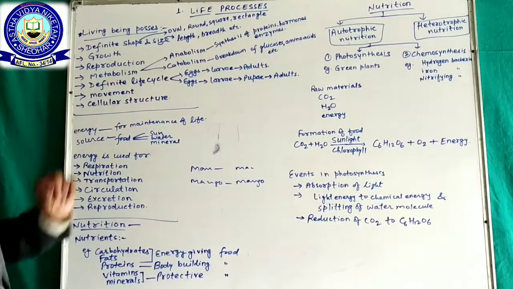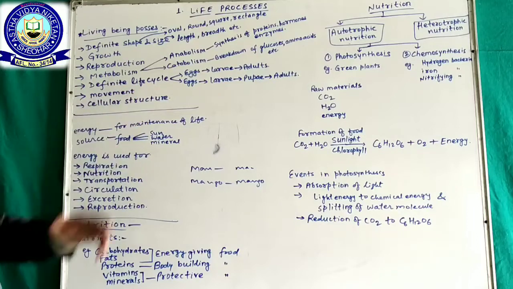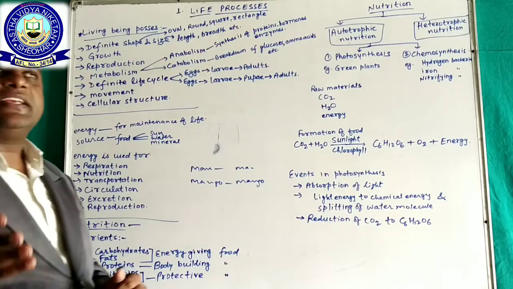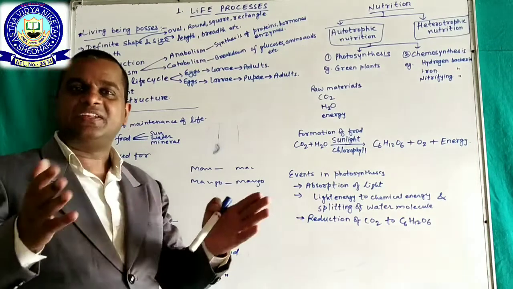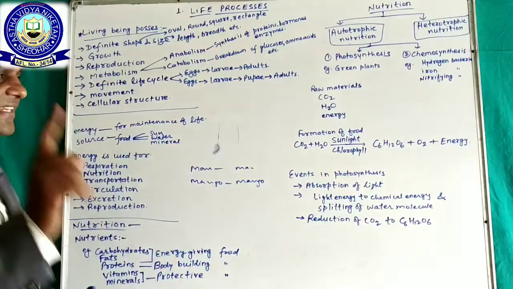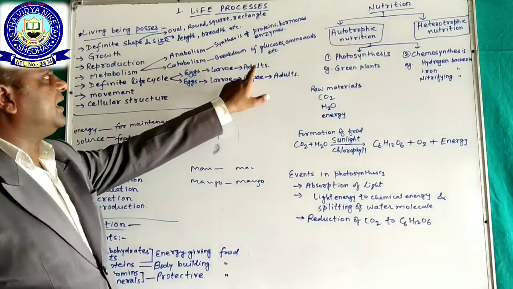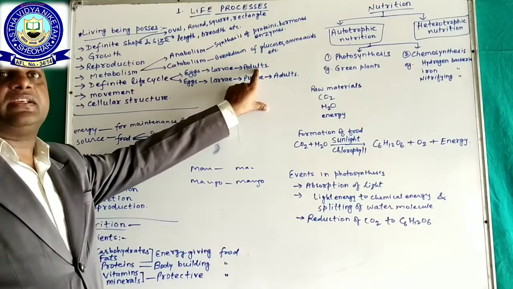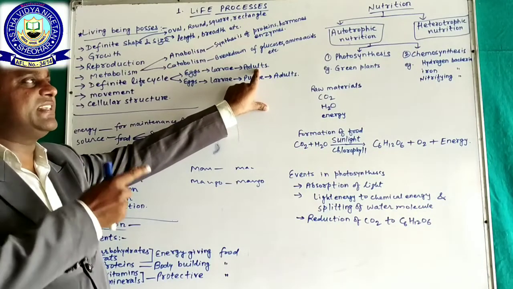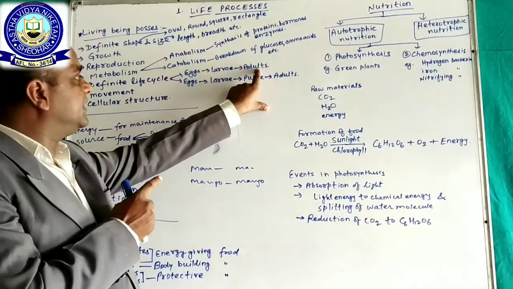Now, a definite life cycle you see in every organism, like an insect has eggs, larvae and adults. There are different life stages in its life cycle.